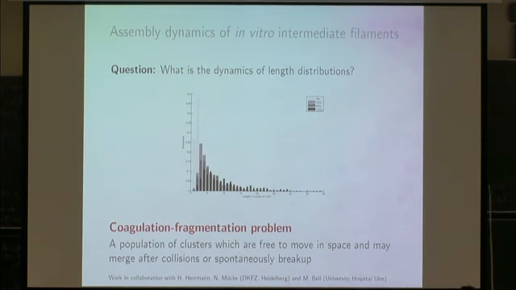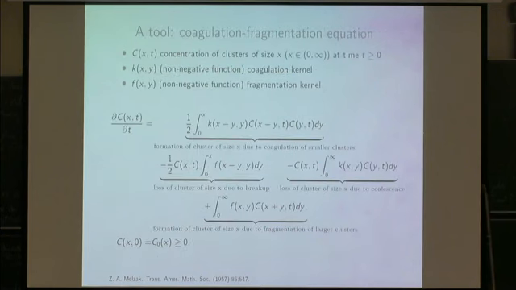But so, the tools, the coagulation fragmentation equation, you are just going to follow the concentration, the amount of objects of a given size. And that is just the continuous and infinite version. So you are going to have the contribution of the formation of objects of size x due to aggregation.